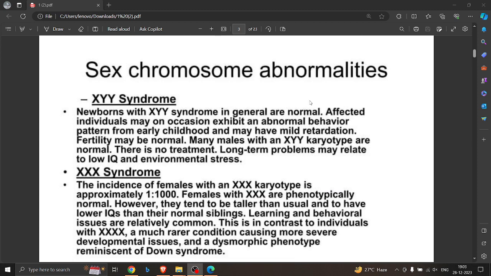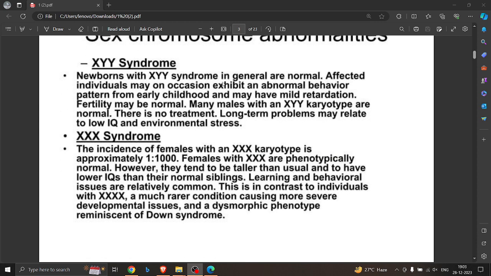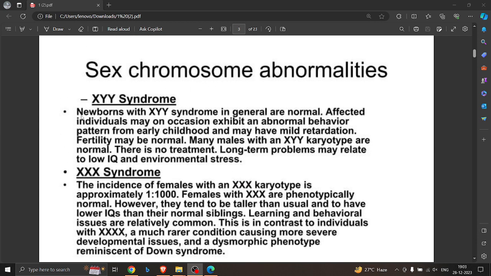Now the sex chromosomal abnormalities. The first syndrome is XYY syndrome. Newborns with XYY syndrome are in general normal. Affected individuals may on occasion exhibit an abnormal behavior pattern from early childhood and may have mild retardation problems.